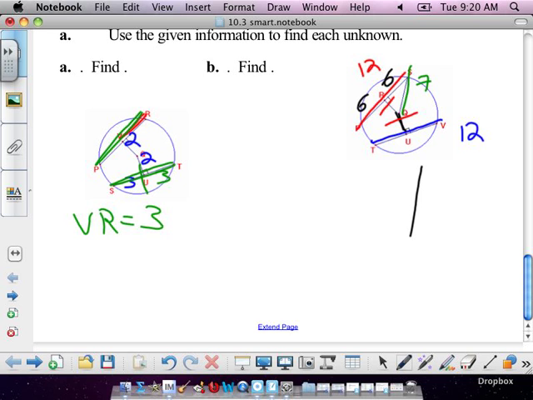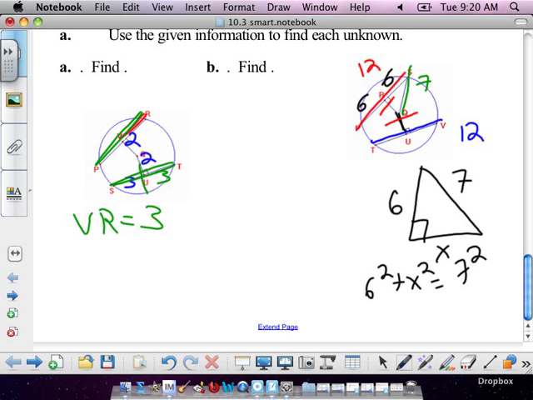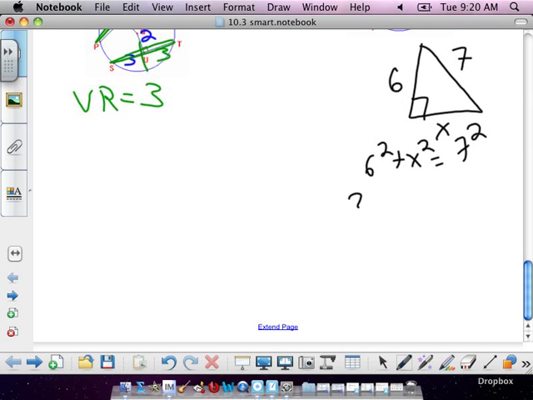Do we see that we have a right triangle? How would we figure out what x is? Pythagorean theorem. 6 squared plus x squared equals 7 squared. So 36 plus x squared equals 49. So 49 minus 36 is 13.